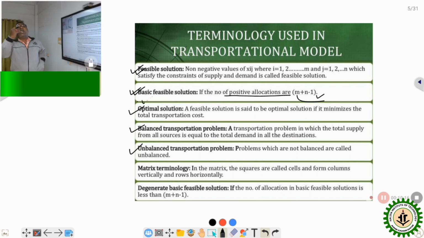These are called the available amounts in the origins.